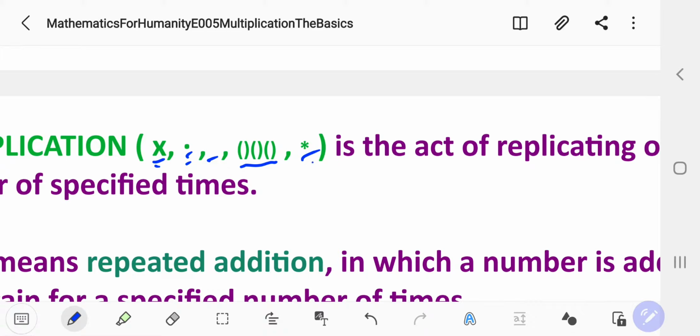Asterisk is used rarely. Actually, it's used in advanced mathematics, but commonly we use this one. We commonly use this one, and that one.